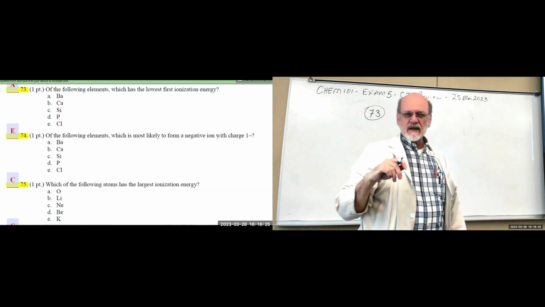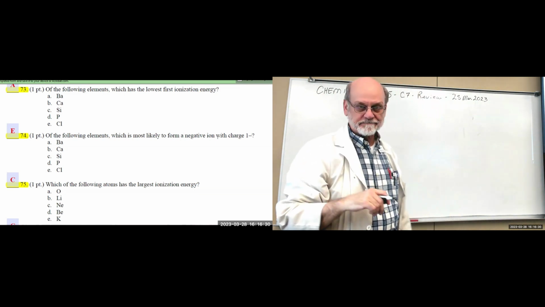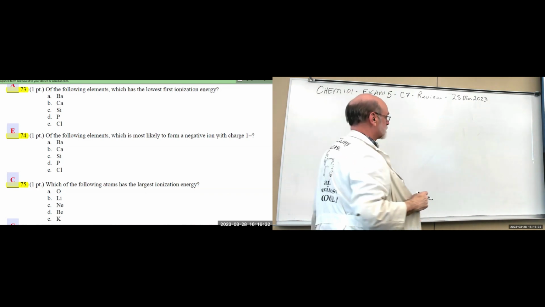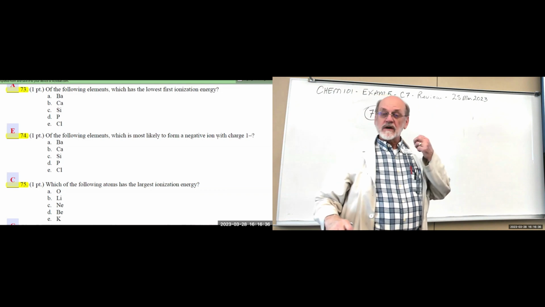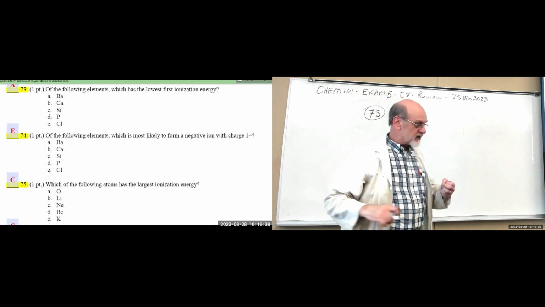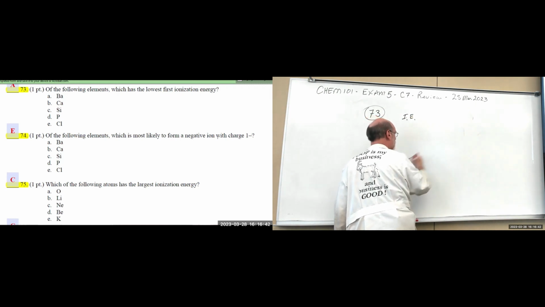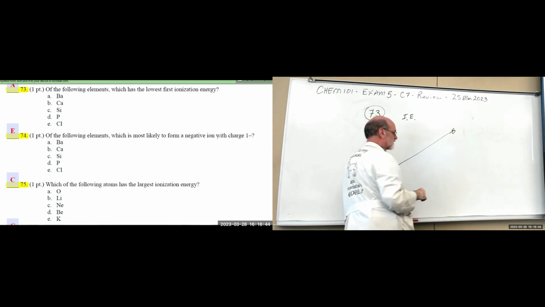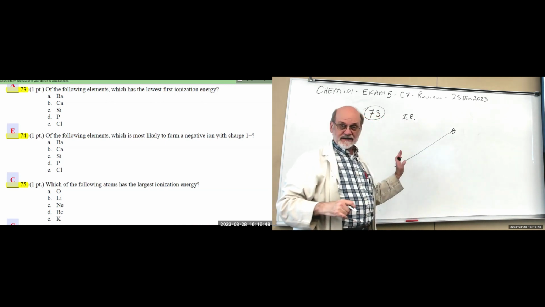73 says, of the following elements, which has the lowest first ionization energy? Okay, the lowest first ionization energy. Remember, ionization energy increases from lower left to upper right. So we want to find the one that's the furthest down and the furthest to the left.